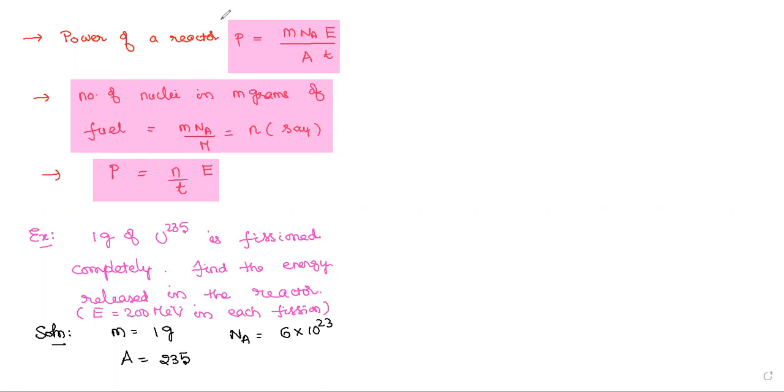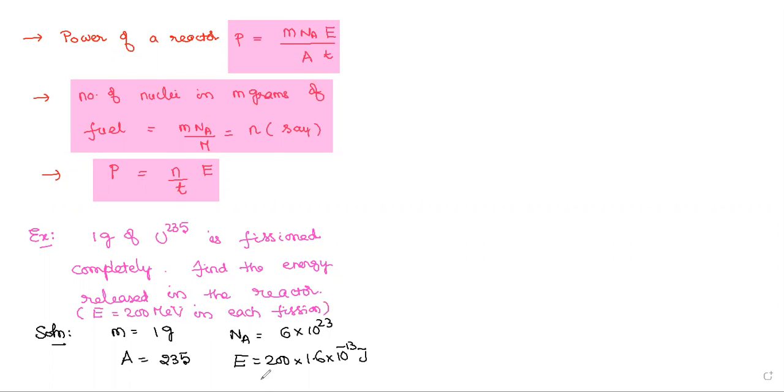So happily, we take it as 200 MeV, but we have to convert that into joules. 1 MeV is equal to 1.6 into 10 to the power of minus 13 joules.